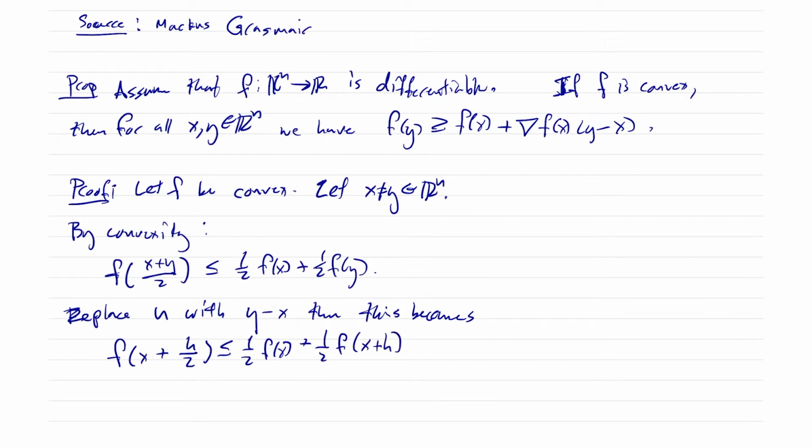What he's trying to do here is set up a directional derivative. So basically if you take h as it goes to 0, that's going to give you the gradient of f times h.